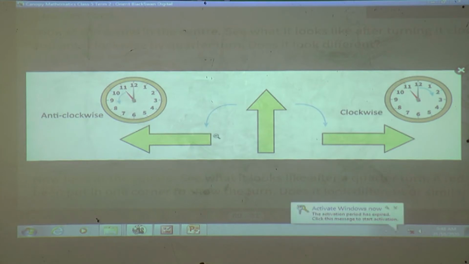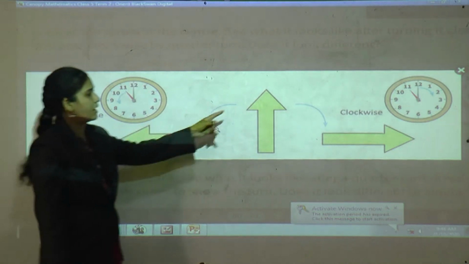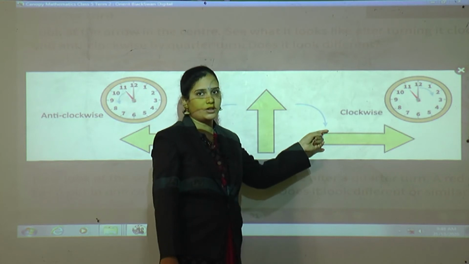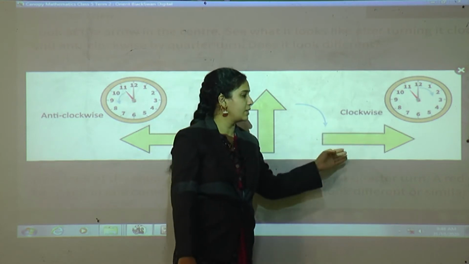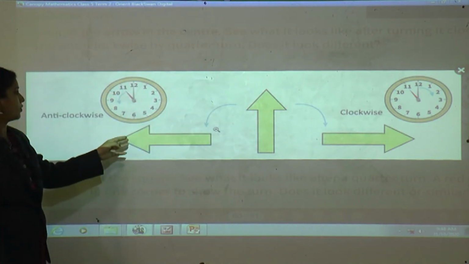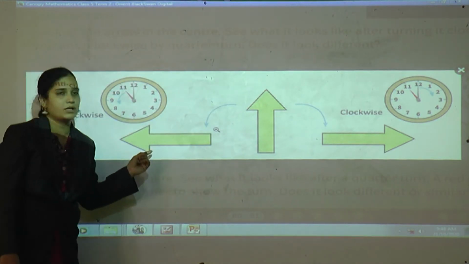Does it look different? Yes. This is an arrow. If we turn it clockwise by a quarter turn, it will look like this, and if we turn it anti-clockwise by a quarter turn, it will look like this.